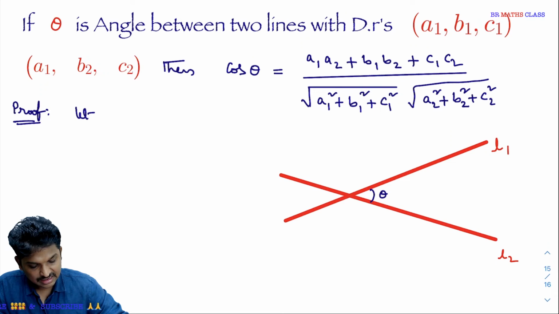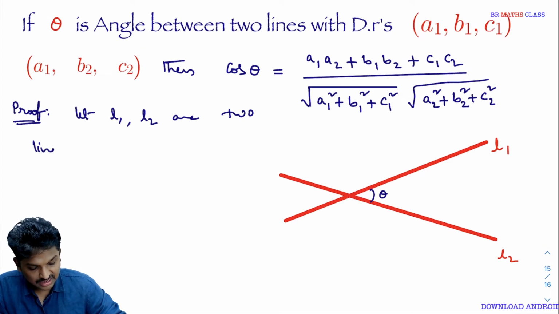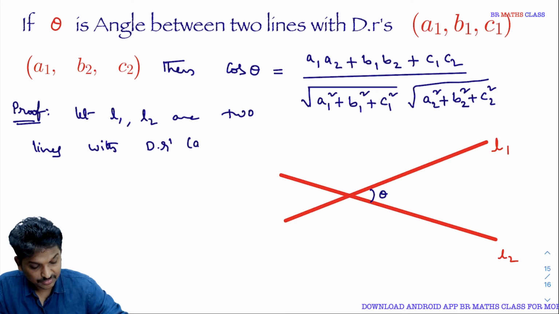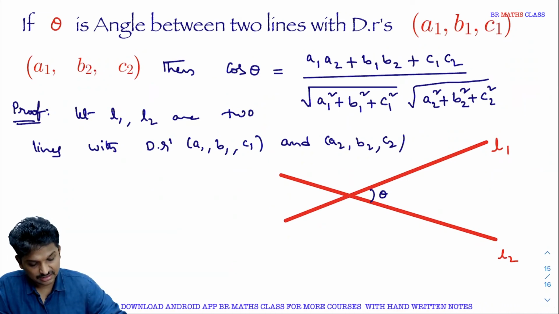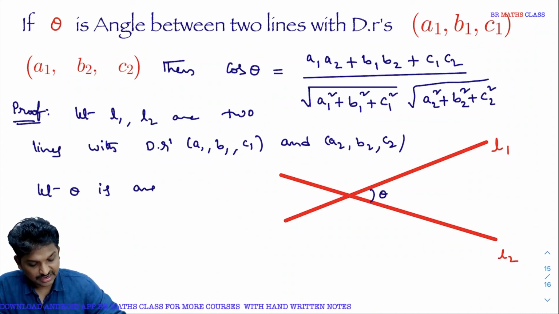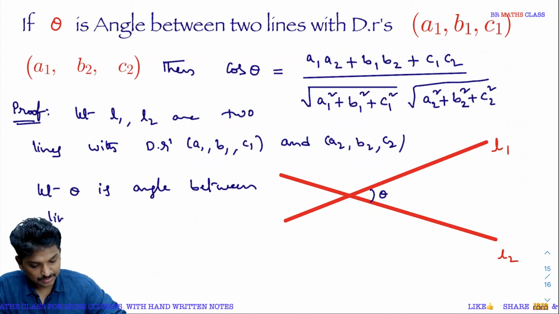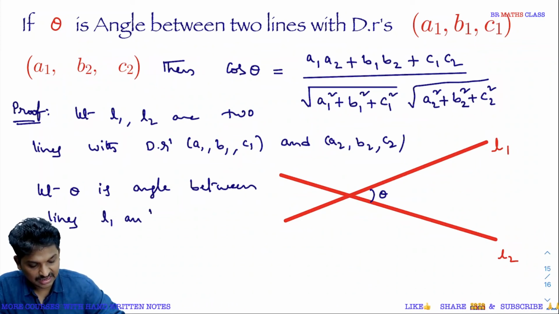Let L1, L2 be two lines with direction ratios a1, b1, c1 and a2, b2, c2, and let theta be the angle between the lines L1 and L2.